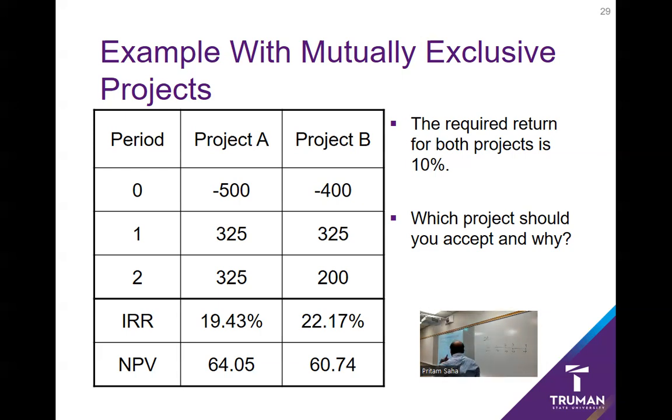So, first checkpoint. Are we able to take both or one? One. We cannot do both, right? So it doesn't matter in terms of investing. Second checkpoint. Are they fulfilling the conditions, like NPV positive, IRR more than the required rate of return? So that means both qualify, right? Both qualify.